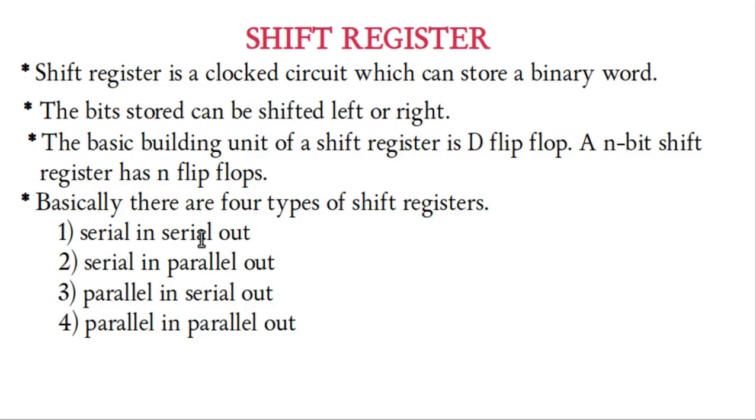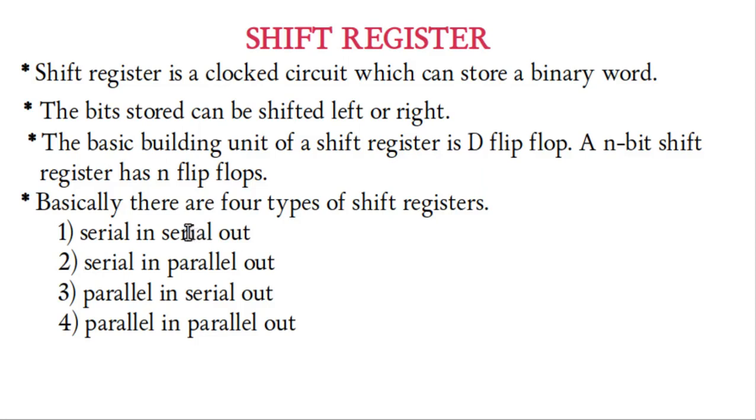At the time of taking the data back from the shift register, we follow the method of serial out. Serial out means the data bits stored in the shift register will be read out one by one sequentially in time. All the data bits cannot be retrieved from the shift register simultaneously or at a single instant, but rather we will be taking the output bits one by one sequentially in time. That is the meaning of serial out.